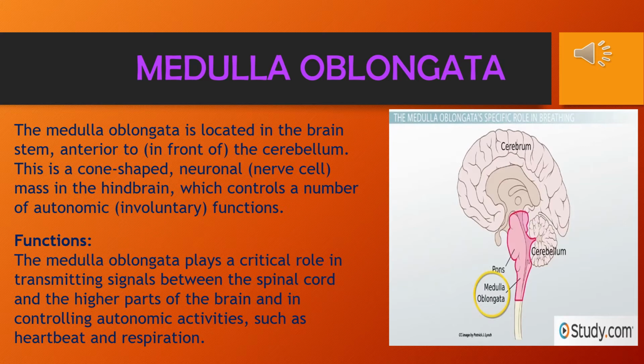Cerebrum is responsible for voluntary functions and medulla oblongata is responsible for autonomic or involuntary functions. Now, functions. The medulla oblongata plays a critical role in transmitting signals between the spinal cord and the higher parts of the brain and in controlling autonomic activities such as heartbeat and respiration.